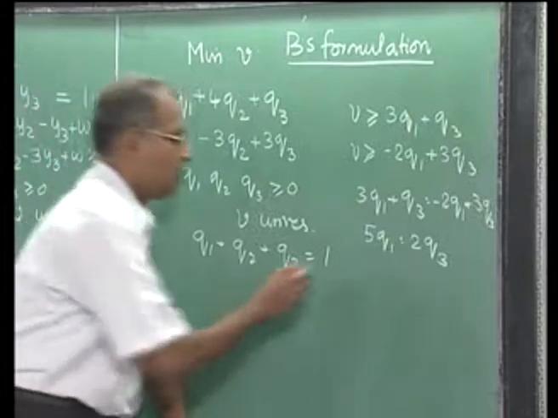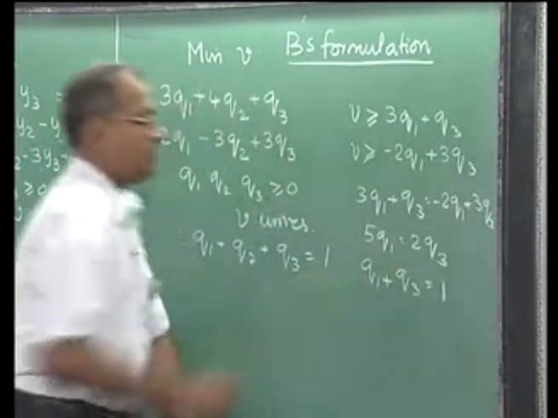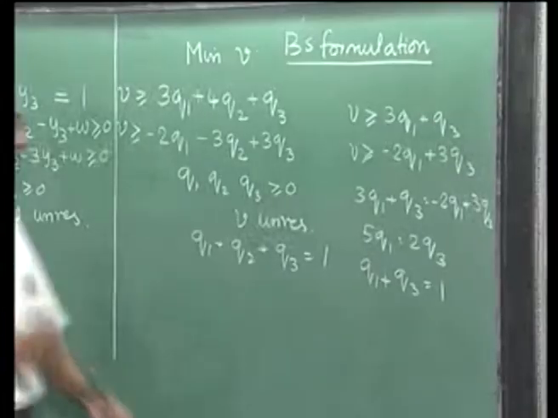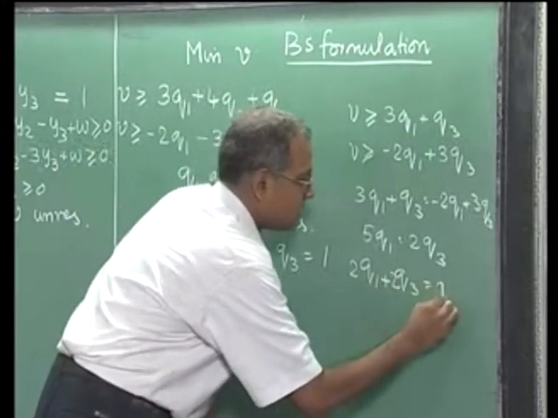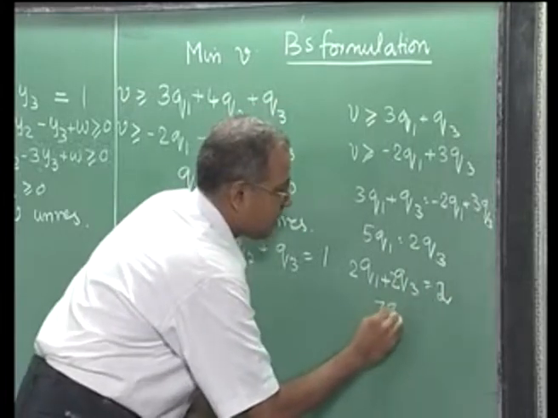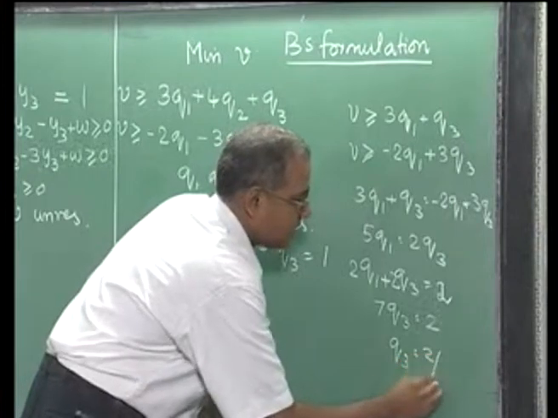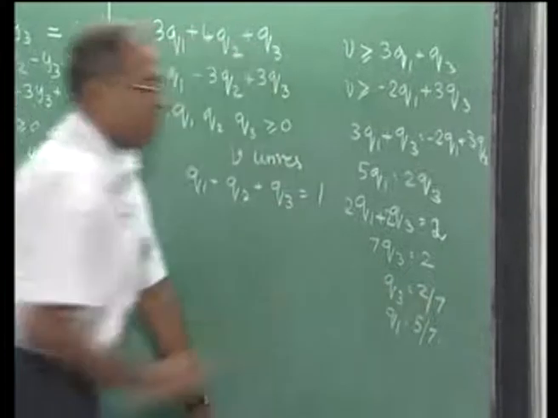We also know that q1 plus q3 is equal to 1. This comes because q2 is non-basic, therefore q2 is 0, q2 has been left out. So we have 2q1 plus 2q3 is equal to 2. So 7q3 is equal to 2. So q3 is equal to 2 by 7, q1 is equal to 5 by 7.